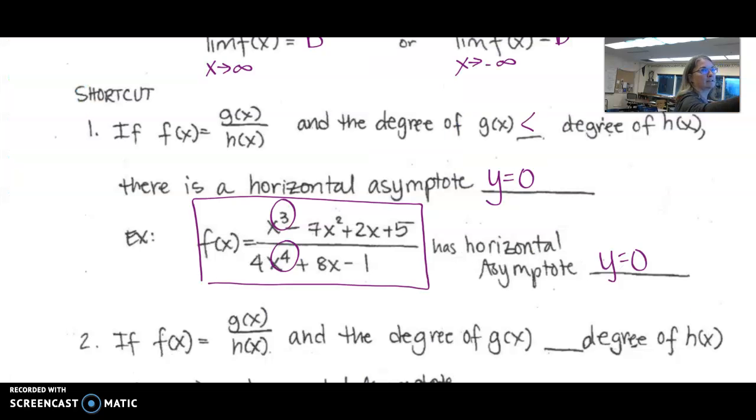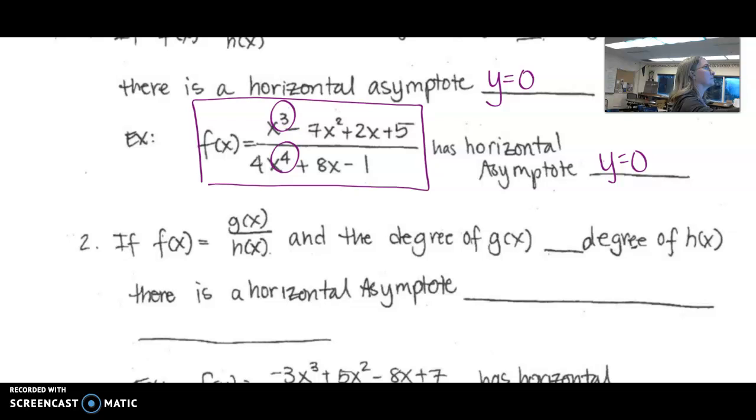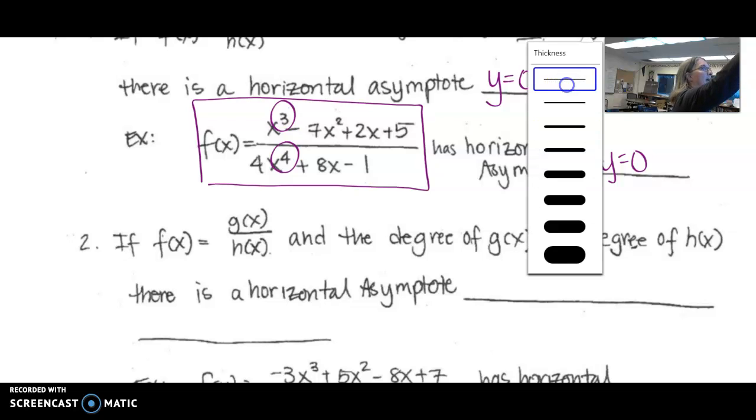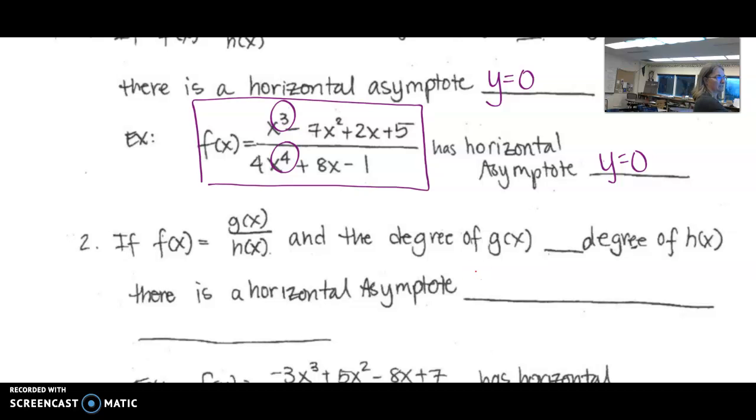Okay, the next possibility is you might have the degree of the numerator g of x equal to the degree of the denominator h of x. If that is the case, there is a horizontal asymptote equal to, write small here, the quotient.